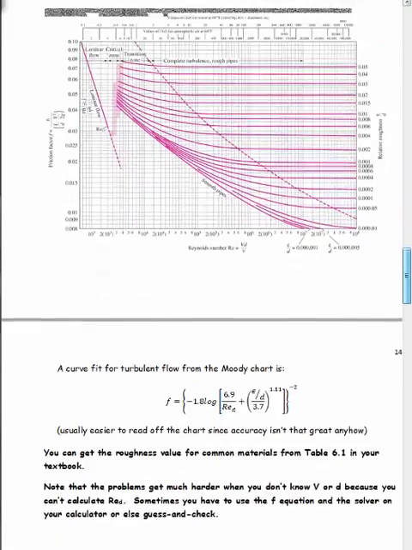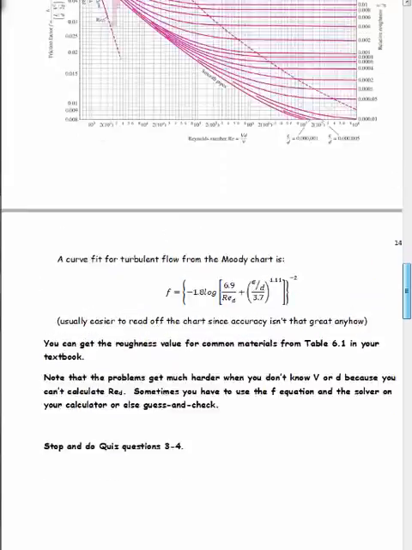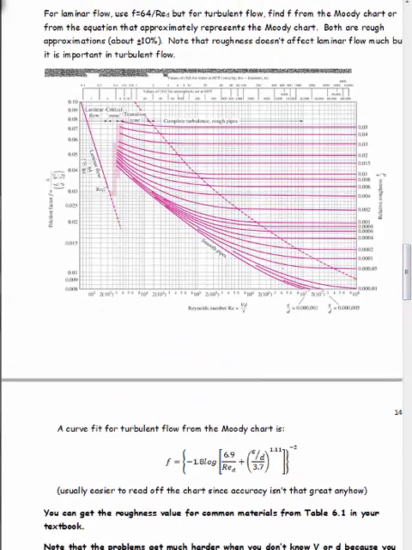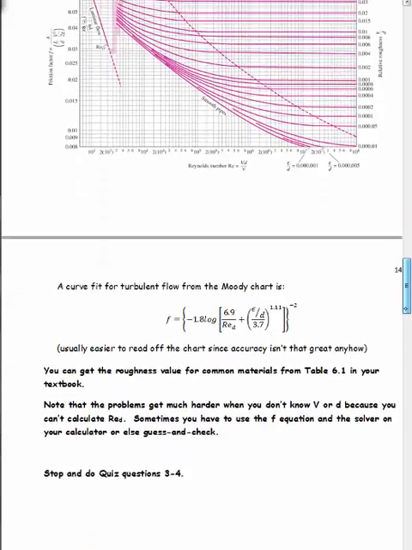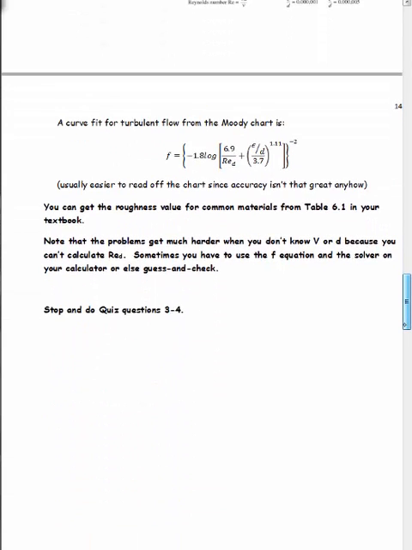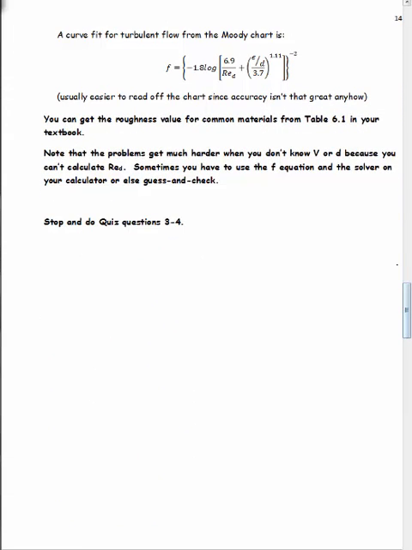Someone has done a correlation for the Moody chart. In other words, turn all these lines into a single equation, and what they get approximately is this equation for f. That is log base 10. Okay, so there it is. A lot of times it's a pain to plug into that equation.